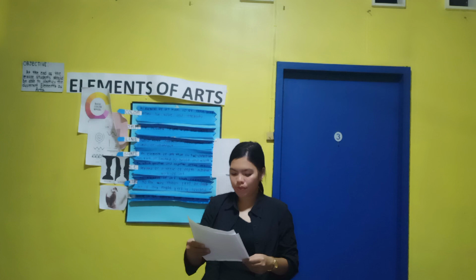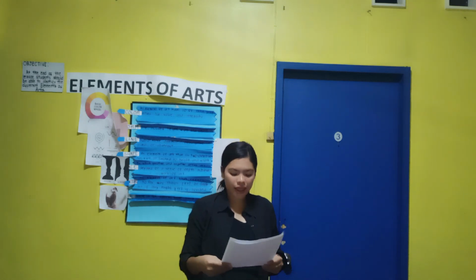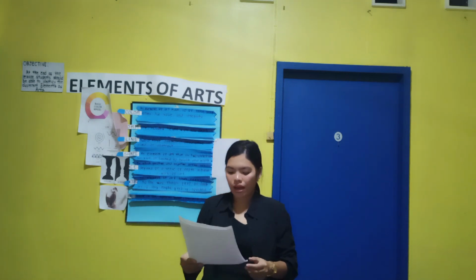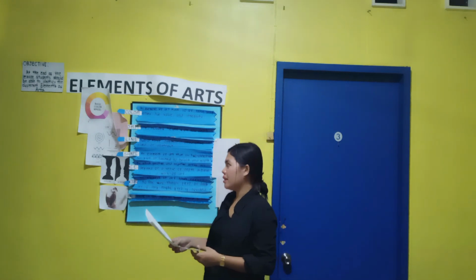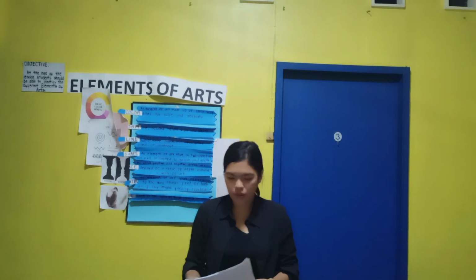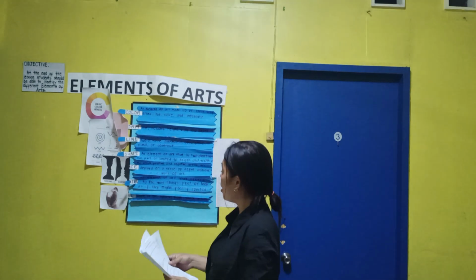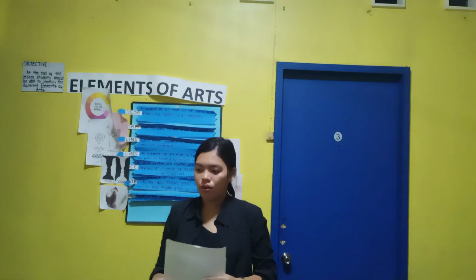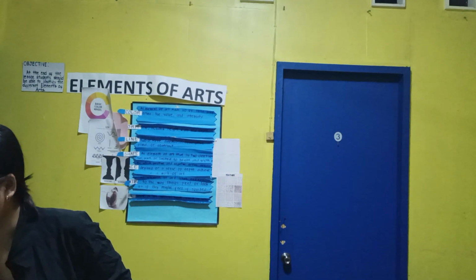Choose one famous painting and identify the 7 elements of art. You need to create a famous painting of your own, so the 7 elements of art should be united. So we all understand. Very good. That's all for today, class. Thank you very much for your cooperation. Have a good day. Bye.